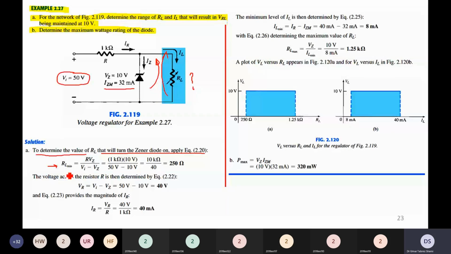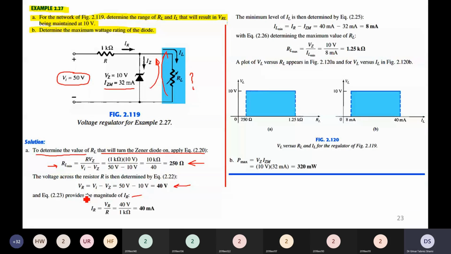Thus, the minimum load resistance is equal to R times Vz divided by (Vi minus Vz). That is equal to 250 ohms. Now, RL minimum is 250 ohms. Now the voltage across the series resistance R is determined by VR equal to input voltage minus voltage across the Zener diode, that is 50 volts minus 10 volts, equal to 40 volts.